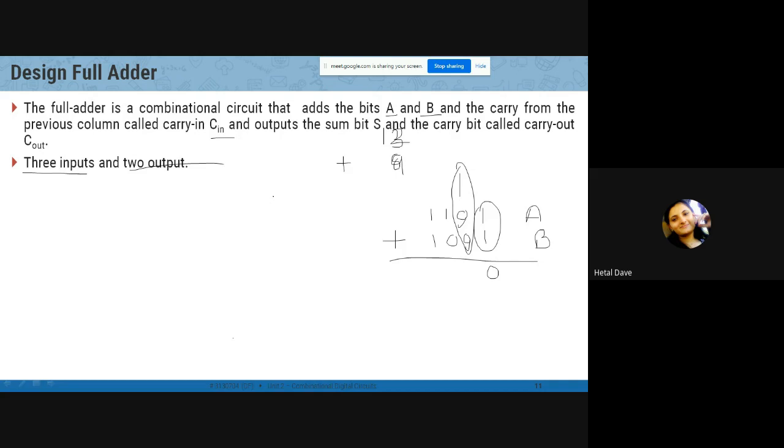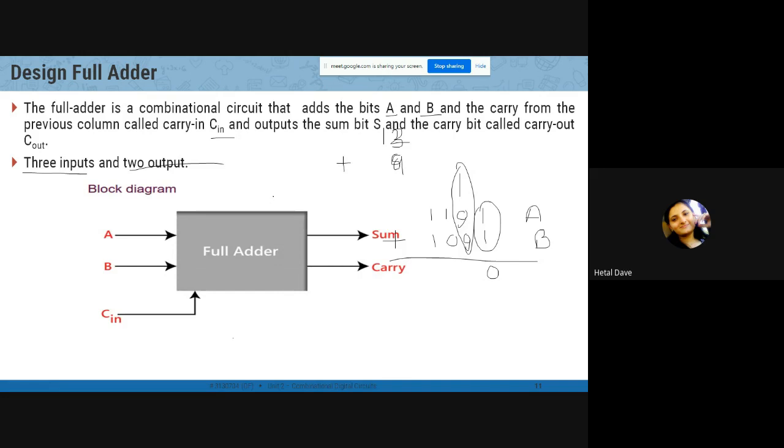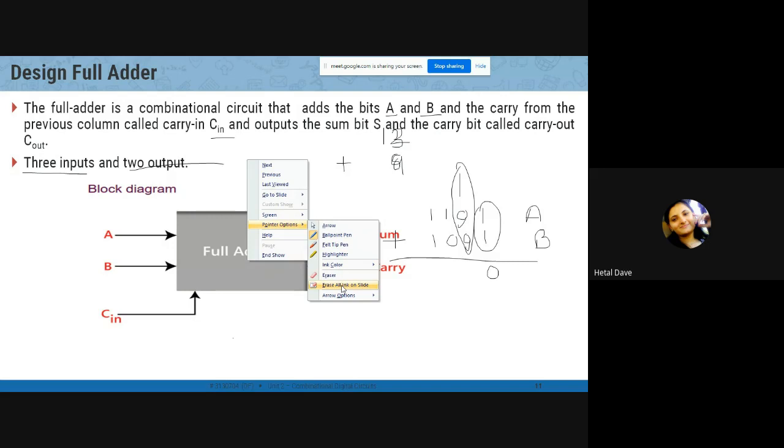So block diagram. Just a second. Block diagram. So 3 inputs, A, B, C in, 2 outputs, sum and carry. So what I told you, once block diagram will be covered, then what we will do?